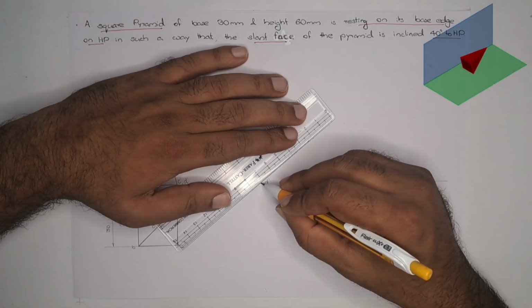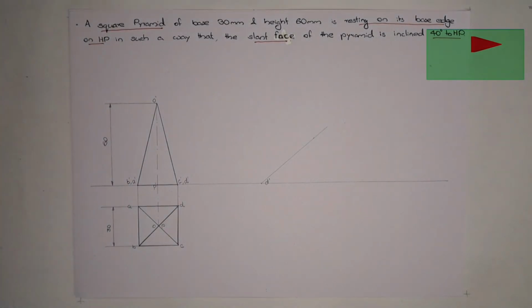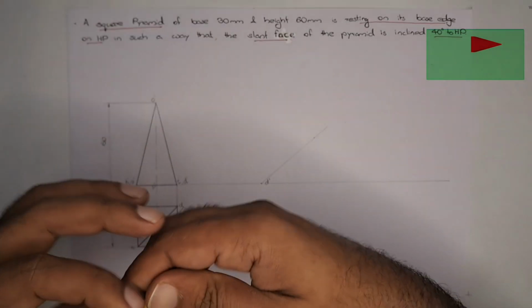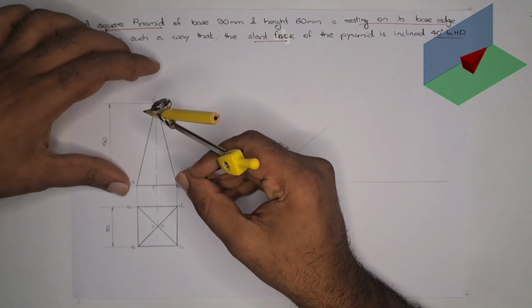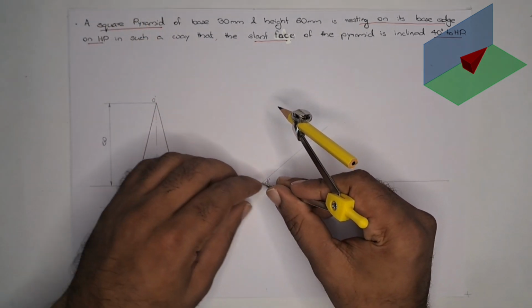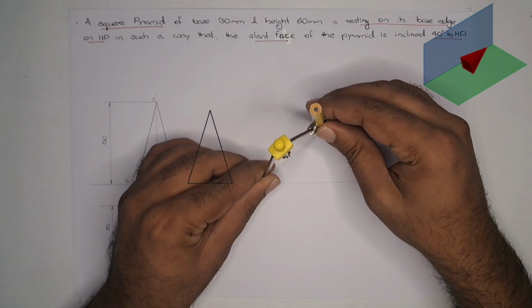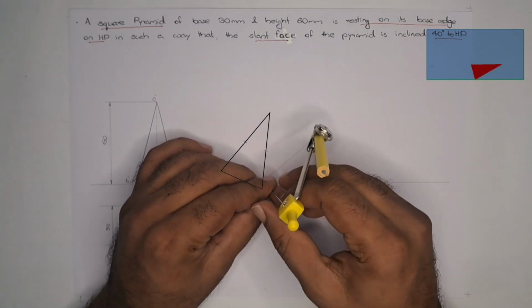We plot the distance. Now we can mark the DO from here. So this is the DO.